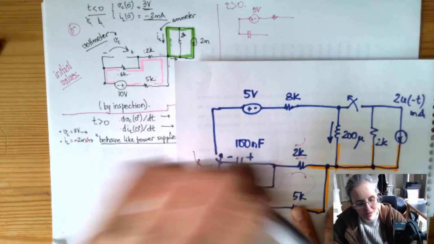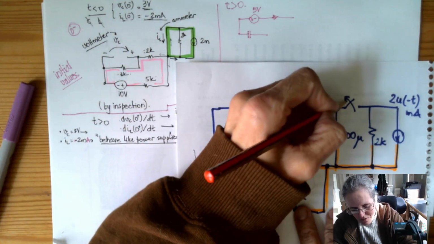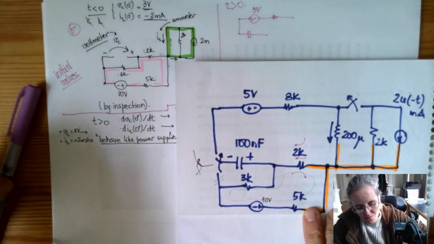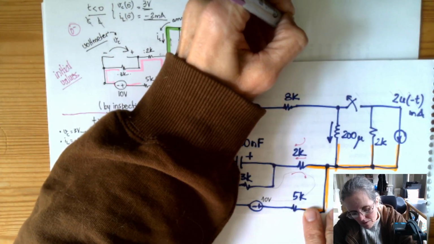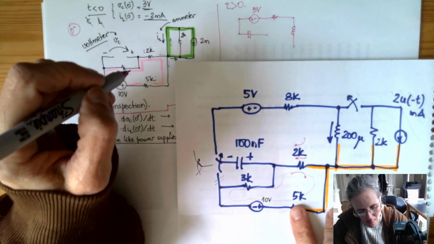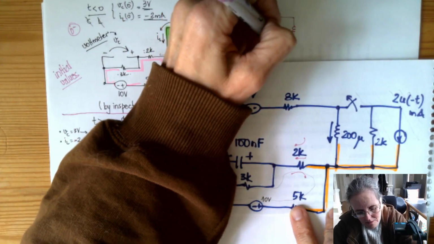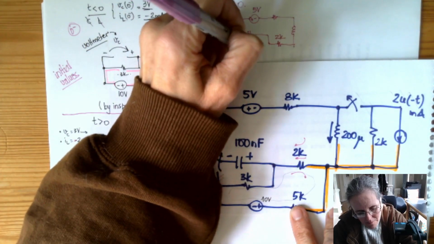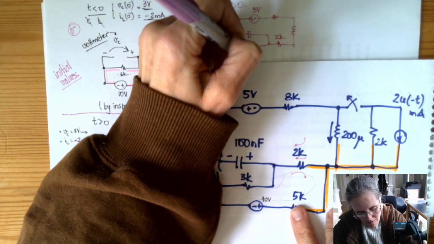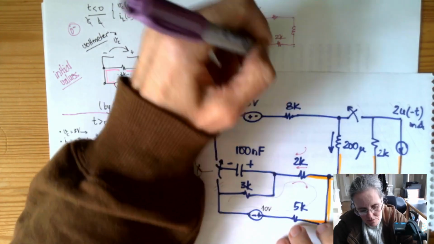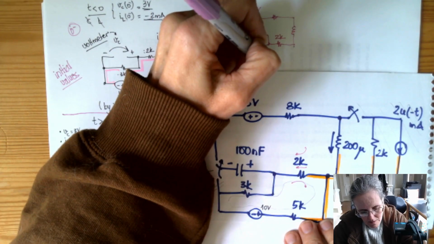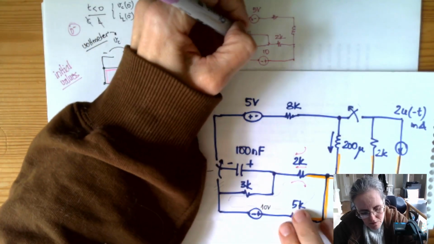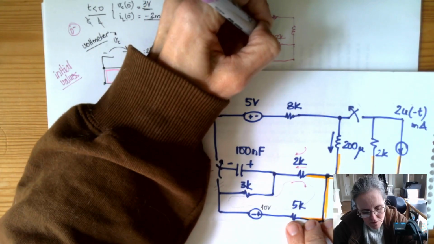Now this part is outside, so this switch opens, so these two are out of that circuit, but I still have the inductor there, and that is connected to the 2K. That's why I cannot get rid of that one. The 5K, the 10 volts, and the 3K are in series, so I'm going to call this 8K for the 3 and the 5.